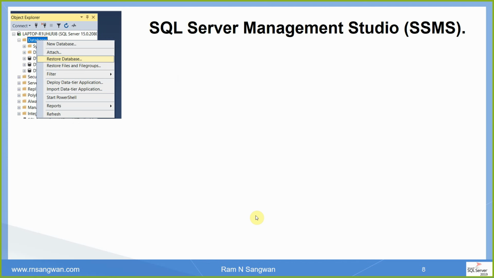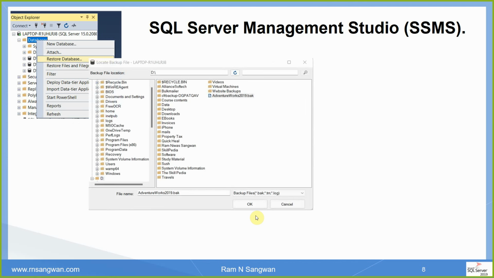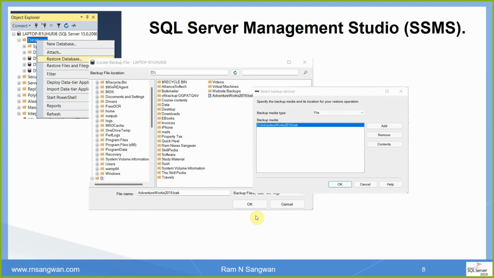Then through Management Studio, restoring it, we have the option of restore database or backup database. So if you have the backup, you want to restore it, you can restore it directly. So what you want to back up or what you want to restore, you can select that and then specify the file where you want to back up.